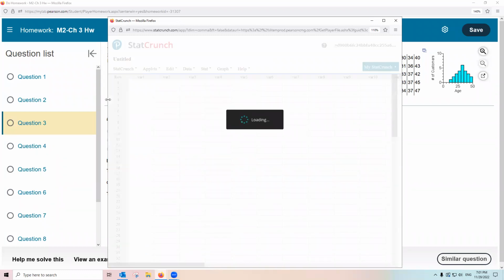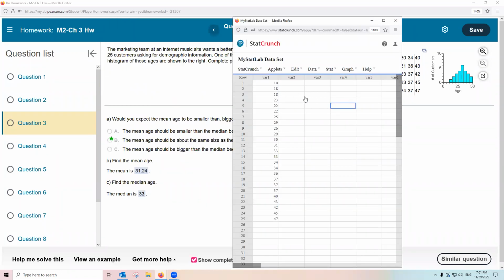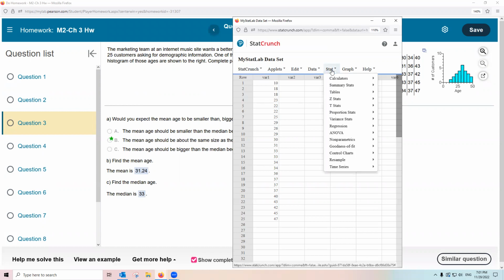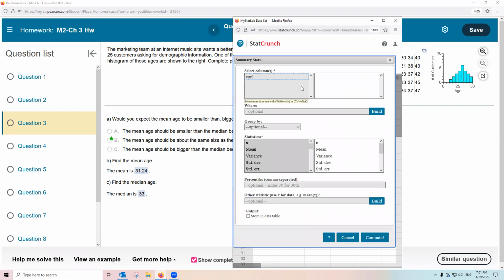And if I want to get different statistical measurements, one easy way to do that is go to Stat, Summary Stats. Summary Stats is a way to get various statistical measurements on a column of data. So I'm going to go Stat, Summary Stats, columns. I'm going to select this var1. That's the column name I'm interested in. And I'm going to select from this menu mean and median.